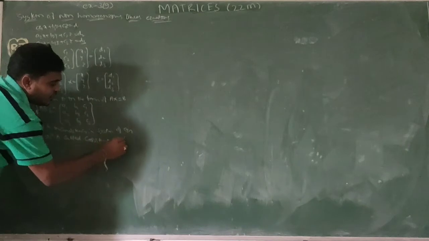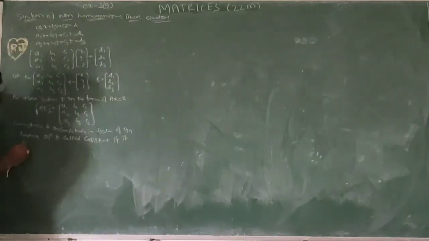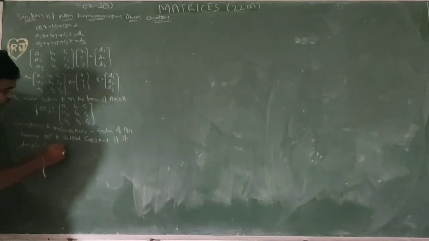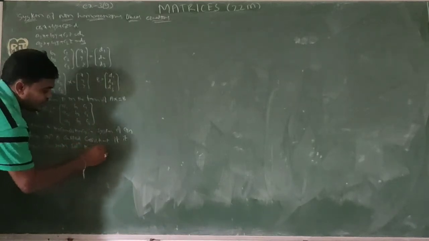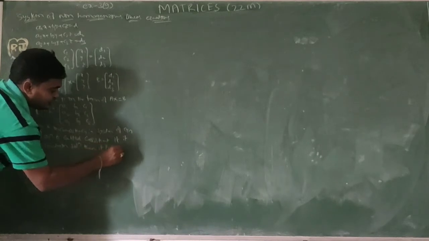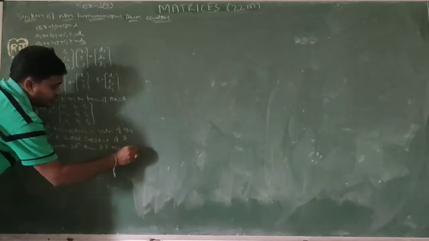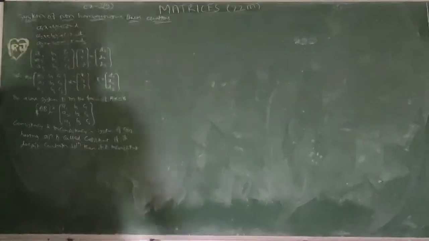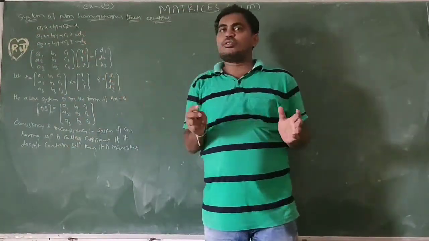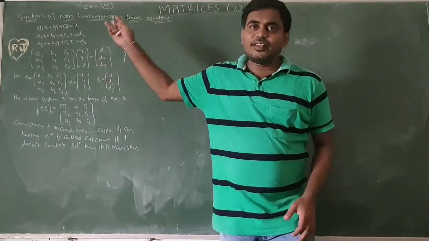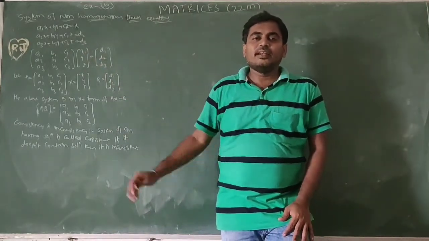If it doesn't contain a solution, then it is inconsistent. The system of equations having a solution, if the system contains a solution, then it is consistent. If it doesn't contain any solution, it is inconsistent.